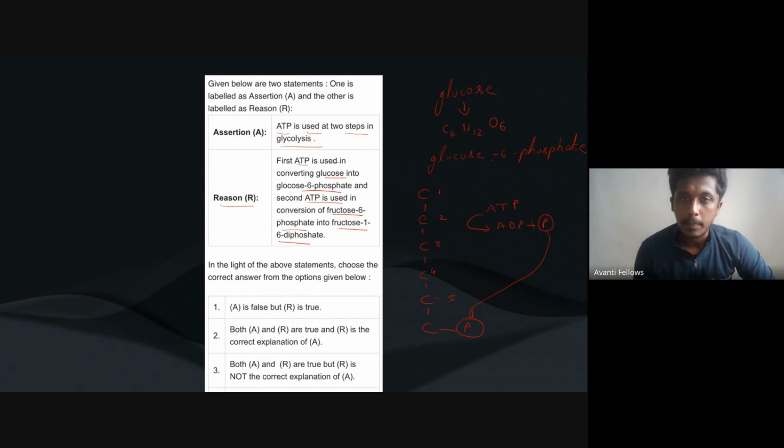The same thing happens when glucose 6 phosphate is converted into fructose 6 phosphate. You can see here fructose 6 phosphate is converted into fructose 1,6 bisphosphate.